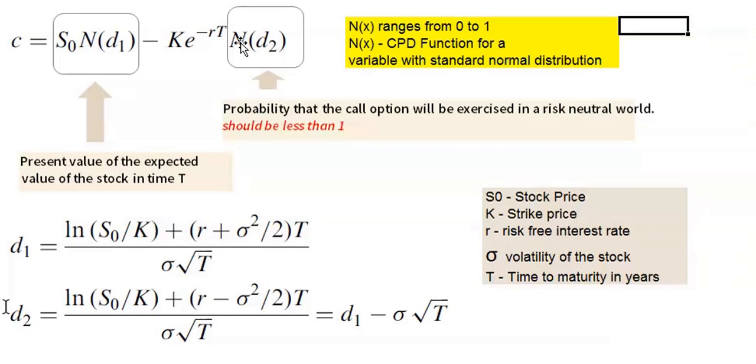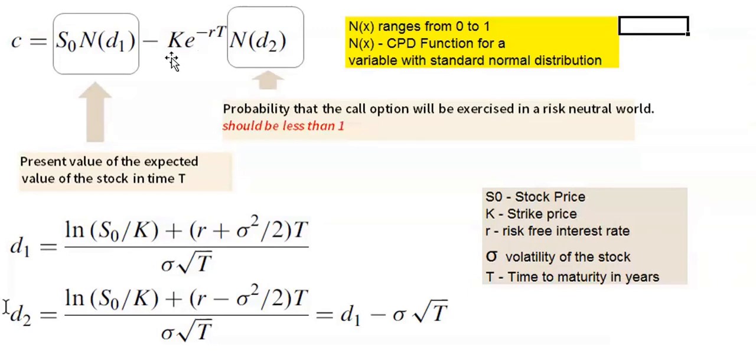So that's ND2. If we apply that probability to the strike price and then discount that value to today, because remember, a European call option will only be exercised at maturity, but we need to calculate the value as at today, so we need to discount it.